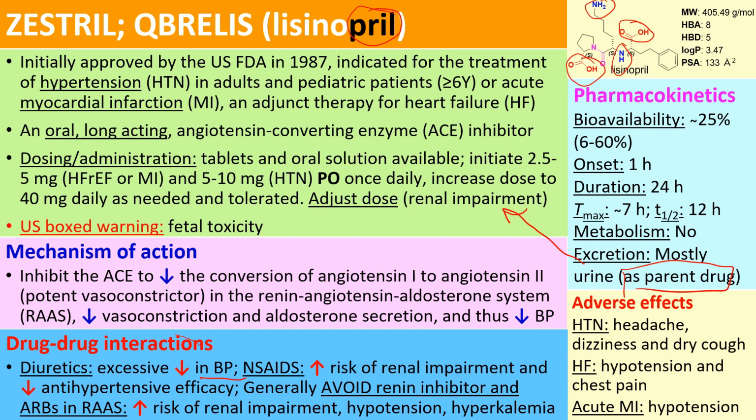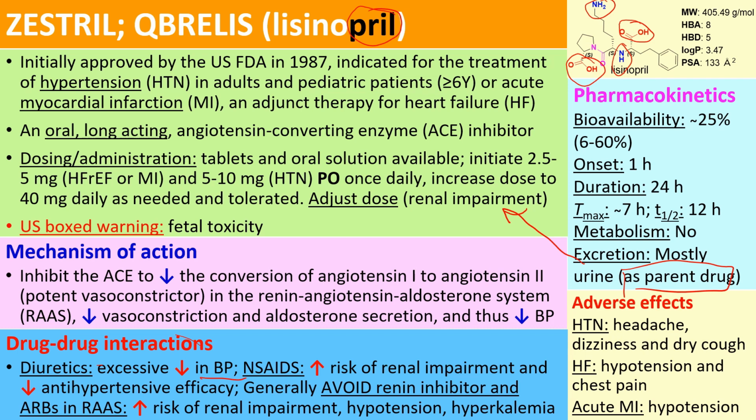NSAIDs can increase the risk for renal impairment and reduce the antihypertensive efficacy. Generally, avoid the renin inhibitor and ARBs in the RAS system. So in general, you don't give an ACE inhibitor and ARBs together, because this can increase the risk of renal impairment, hypotension, and hyperkalemia.